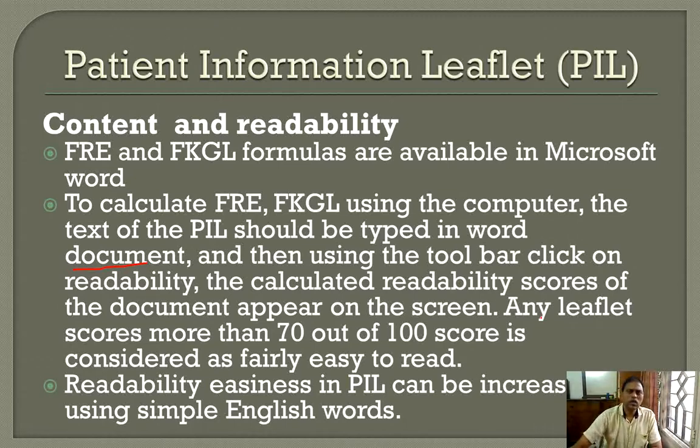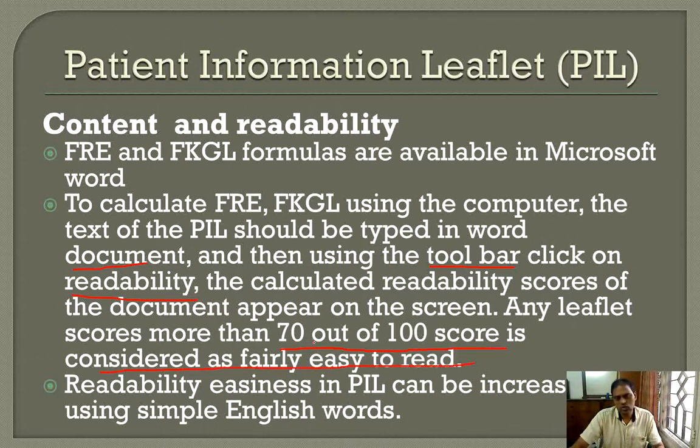Like that, you have to type this PIL in Microsoft Word, and then using the toolbar, click on the readability, and you are going to find out the readability of that document, or the PIL. Any leaflet that scores more than 70 is considered fairly easy to read.